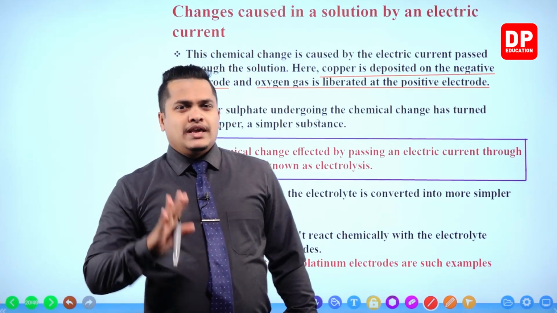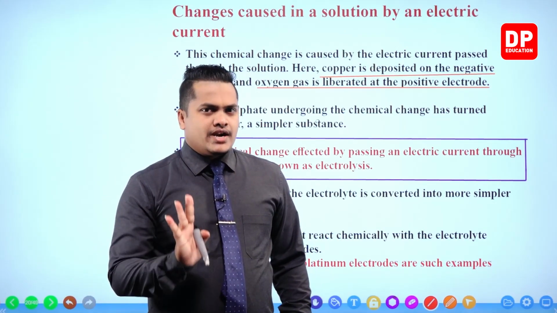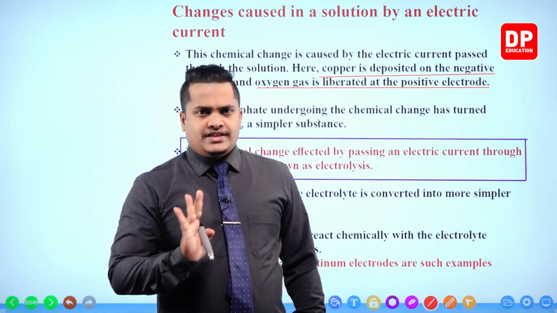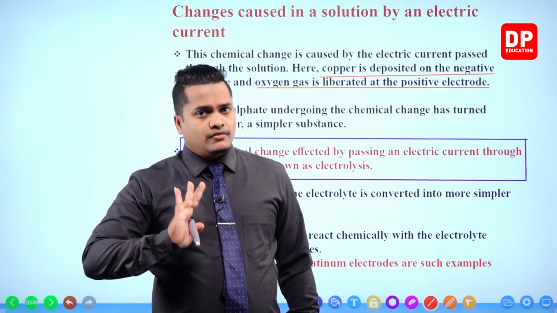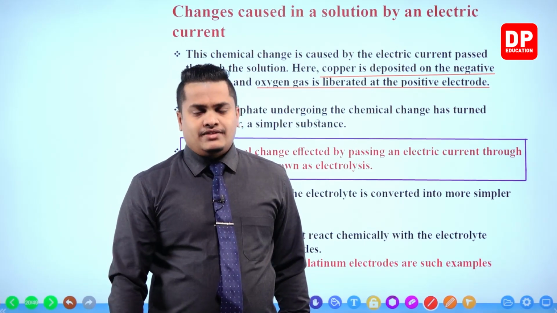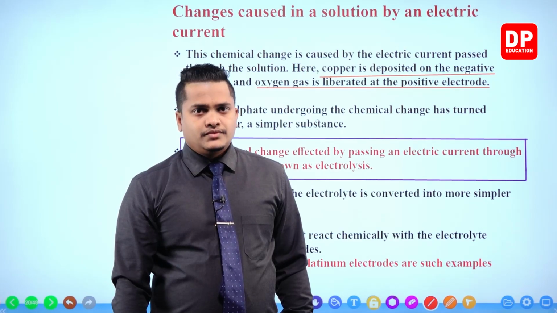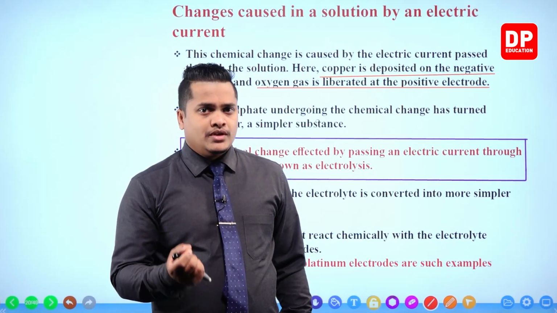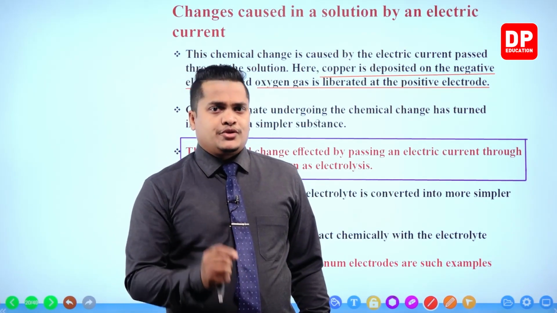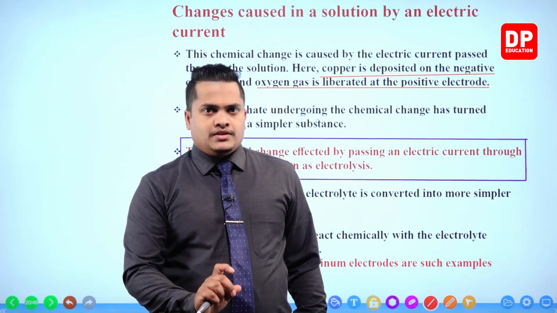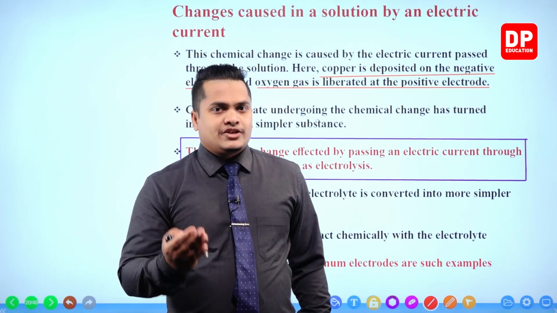So remember, electrolysis can be done only for an electrolyte, not for each and every solution in the environment. The solution must be able to conduct electricity, which means it should be an electrolyte.